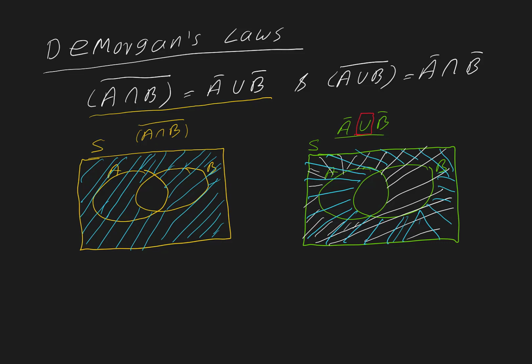So then you see we have an empty part, the middle part. So these two both have the same shaded area. That means the first one, (A intersection B) complement equals A complement union B complement, is true.